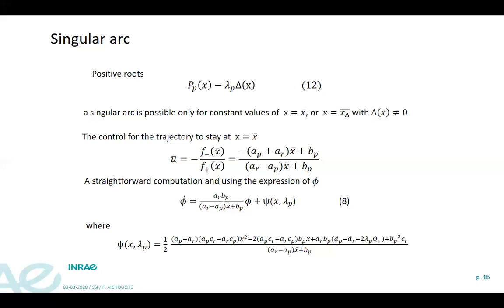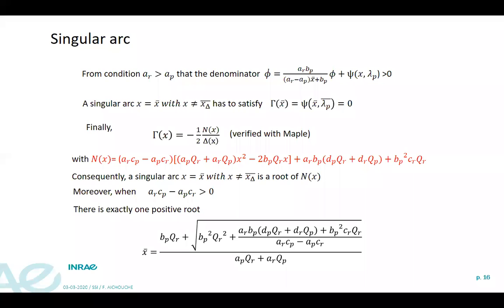With delta x bar equal to 0, the control for the trajectory to stay at x equal to x bar is given by e bar. A direct computation, using the expression of phi, gives phi point, where psi is given by the expression below. So from the condition AR superior to AP, the denominator of phi point is always positive.